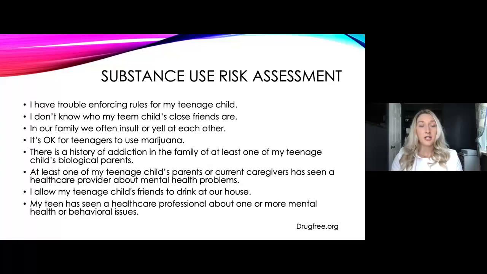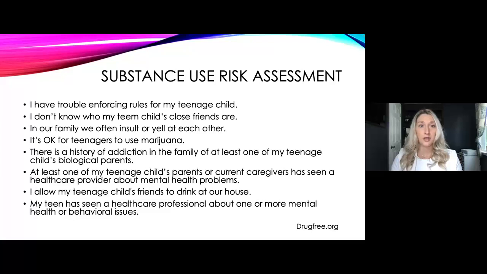Is there a history of addiction within our family, of at least one of the teenager's biological parents? Asking the question, at least one of my teenage child's parents or current caregivers has seen a healthcare provider about mental health problems. So with someone who's caring for that child, do they have mental health issues themselves? Do I allow my child and their friends to drink at our home?